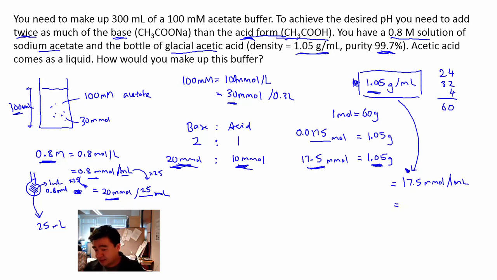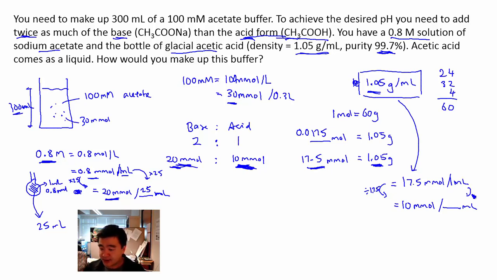I don't need 17.5 or 35 for that matter. I need 10 millimoles of my acetic acid. And so 10 millimoles of acetic acid in how many mils? Well, to get from 17.5 down to 10, we have to divide by 1.75.